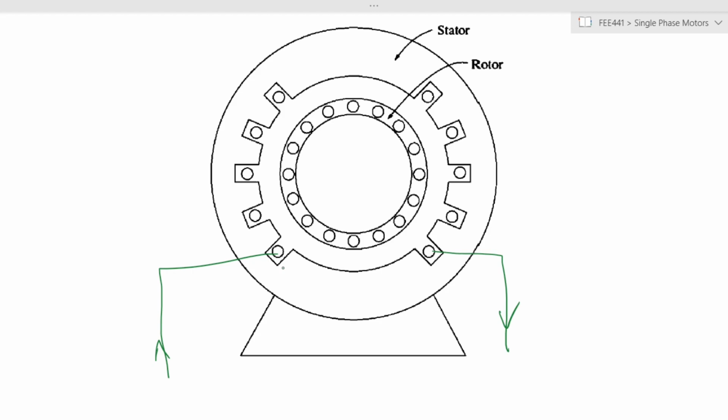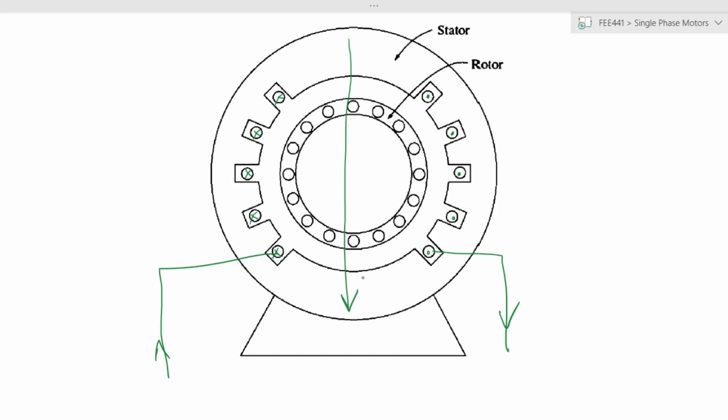If we have the single-phase induction motor with a voltage applied, and the currents are flowing into the winding on that side and out on the other end, the resultant magnetic field would be in the direction downward.